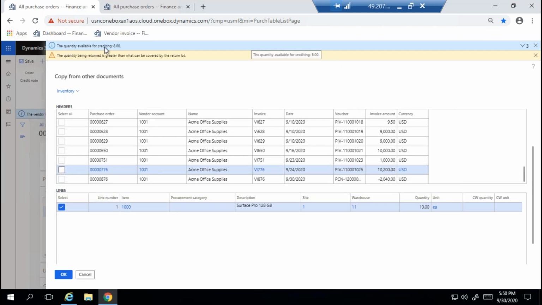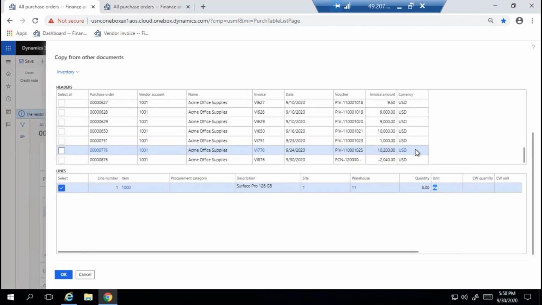The quantity available for crediting is 8. The reason is that earlier we already did a return for 2 quantity. So here you can return once again up to 8 only. Understood? Because I received a total of 10 quantity from the vendor and already returned 2 quantity previously, next time it will not allow up to 10; it will allow you up to 8 quantity.